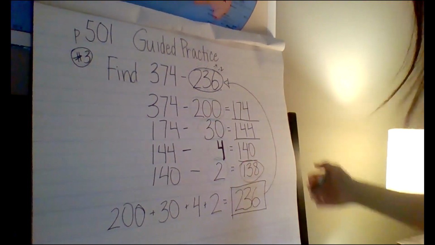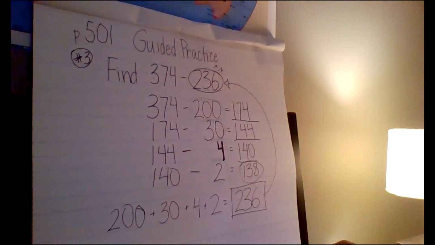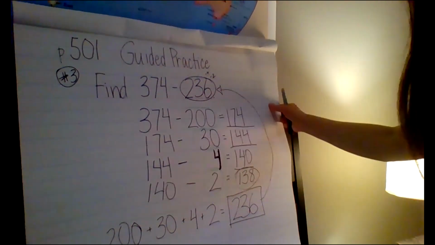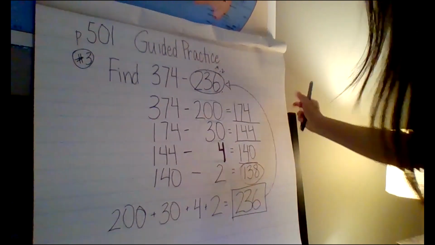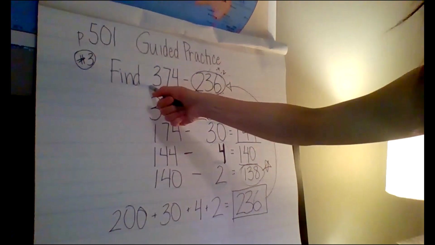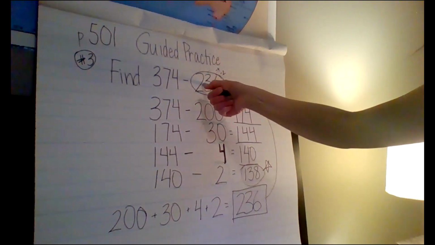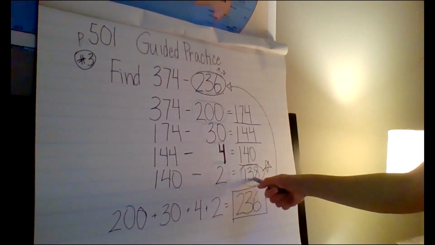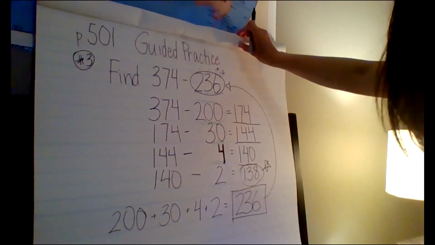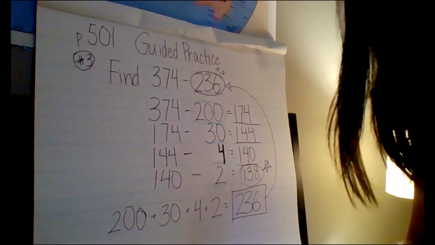And it does. So we know that 138 is the correct answer. 374 minus 236 equals 138. All right, let me pause it.